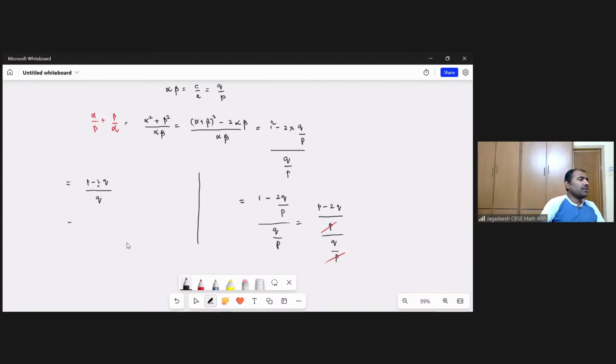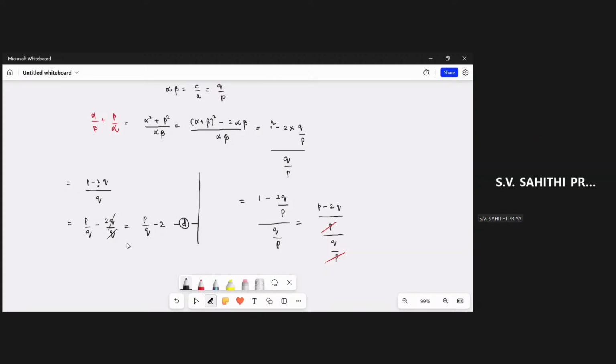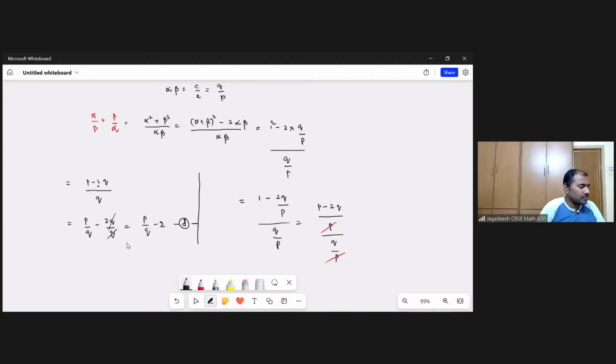So which is nothing but p by q minus 2q by q. Again, q gets cancelled. So finally we'll get p by q minus 2, which is our final answer. And which is option D, children. Please note it down.